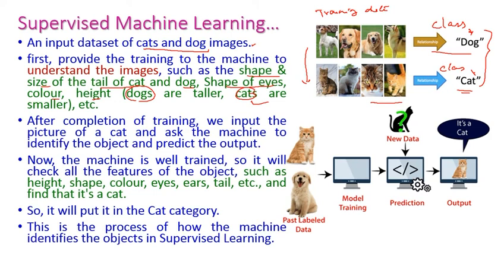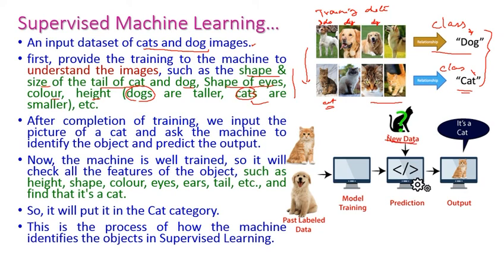This is called training data. In the training data, for each image we need to give the label. So this is dog, this is dog, this is dog, and this is cat. For all the images we have to give the corresponding label, so that the machine can easily identify and understand based on the shape, size, color and the different attributes of those data. Once the machine learns everything, now we test with the image of a cat.